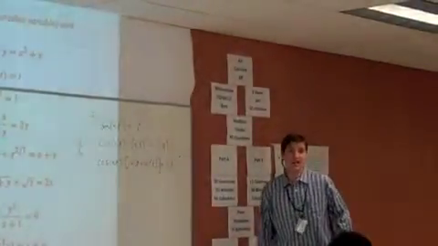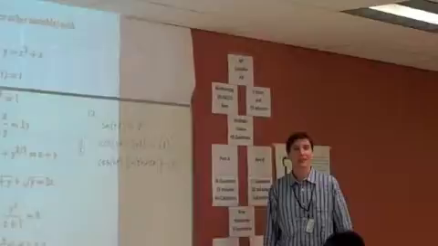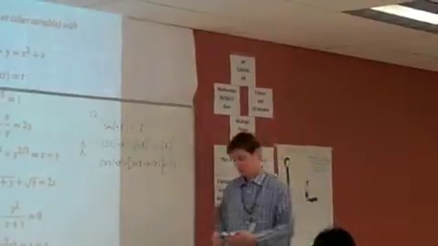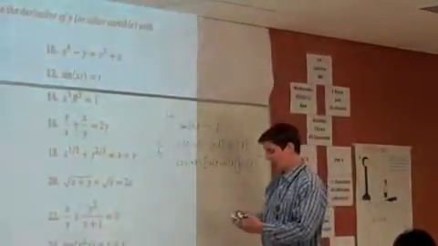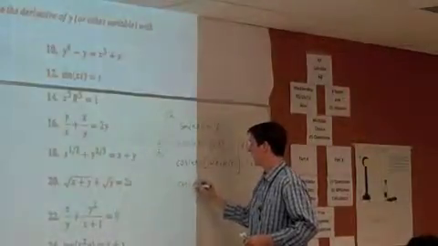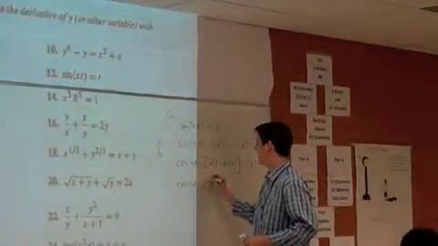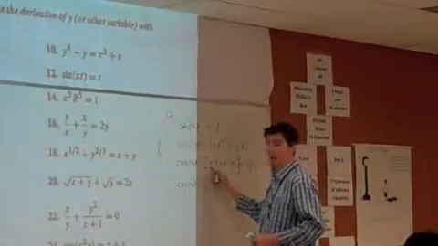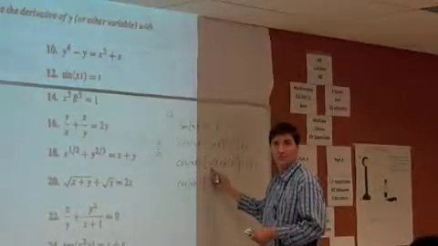Okay, now I'm ready to take some derivatives. So this is all good. There's no work here. I'm just going to bring it down. Cos of xt times, what's the derivative of x in terms of x? 1.